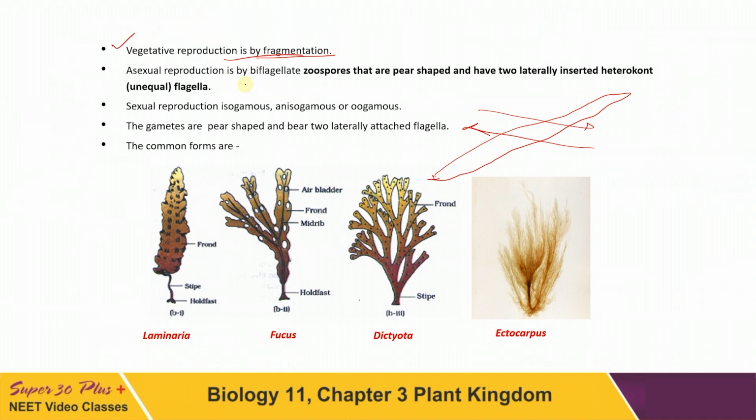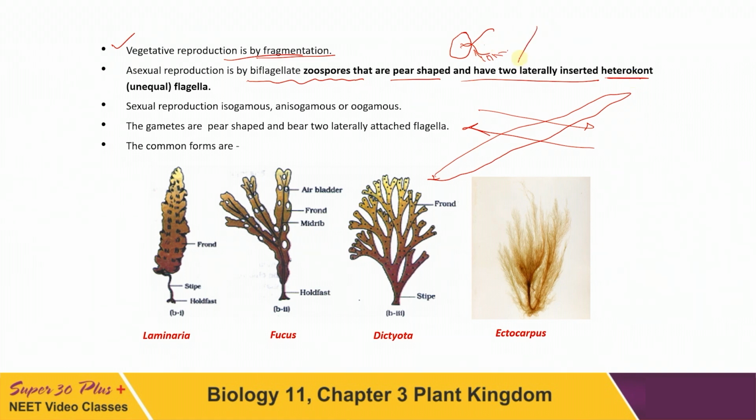Asexual reproduction is by flagellated zoospores. You see here the zoospores, these are pear-shaped like this, and the flagella are on the lateral side, and the two flagella are different. One is smooth, the other is rough. These two laterally inserted flagella are known as heterocont, unequal, different types of flagella.